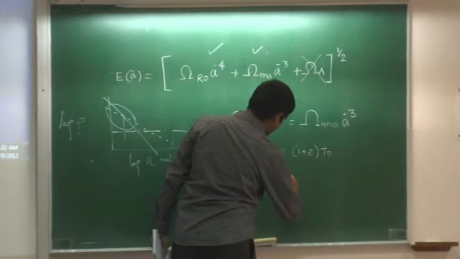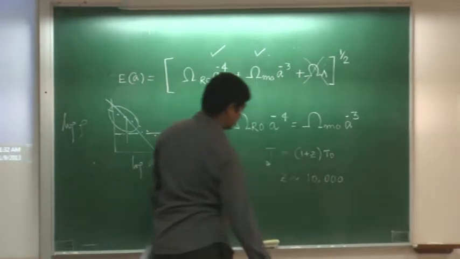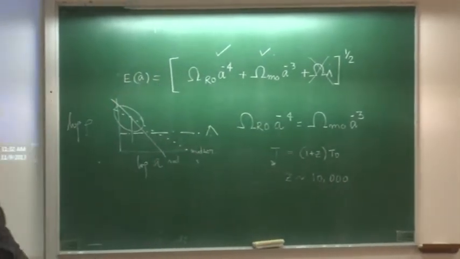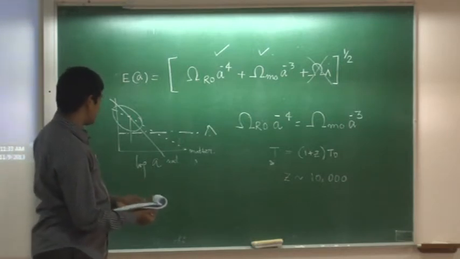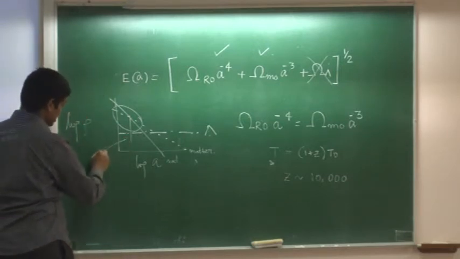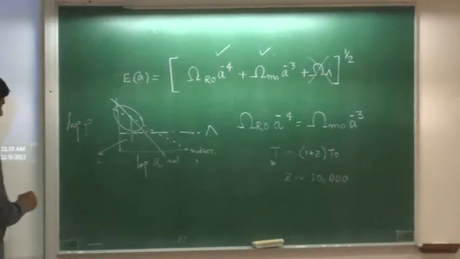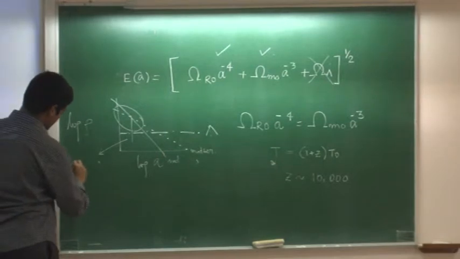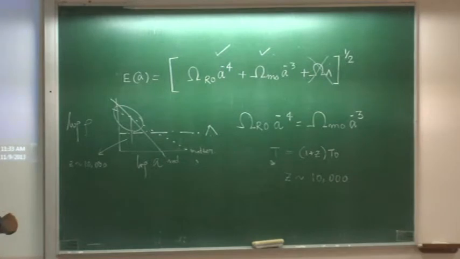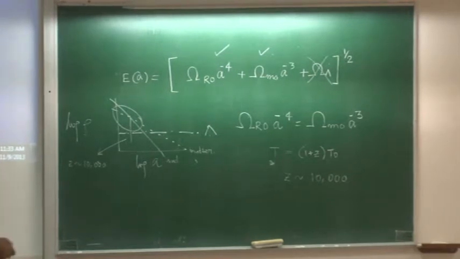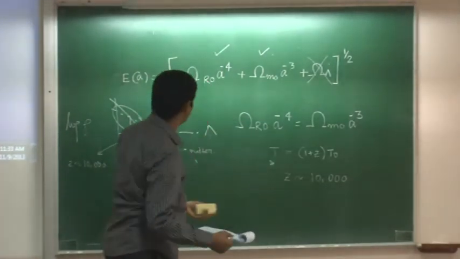Do all this, Z will come out to be about 10,000. So just bear in mind, because in a short while we'll go to that universe and see what will happen there. So Z of 10,000 is the matter radiation equality. For higher Z, you can only think of this term. It's only radiation dominated.